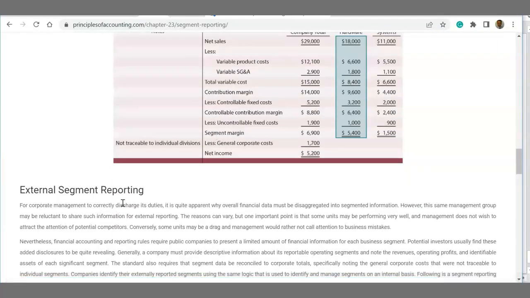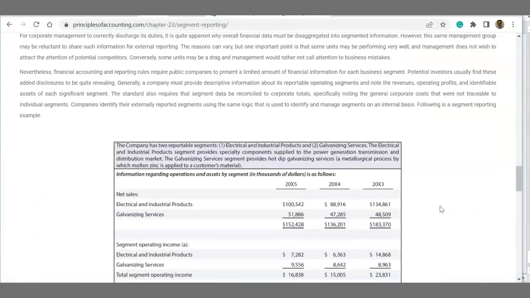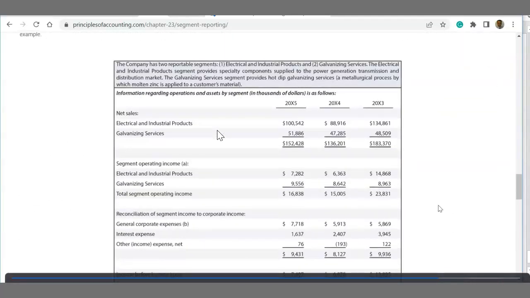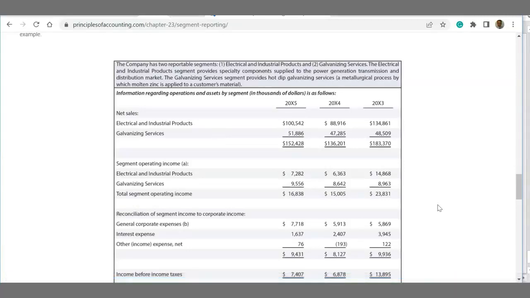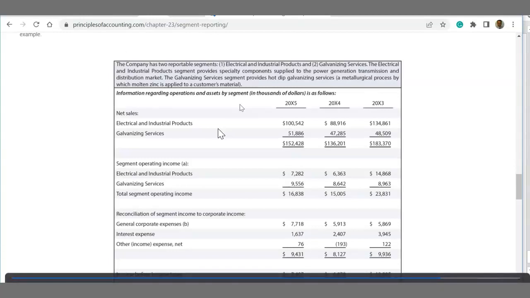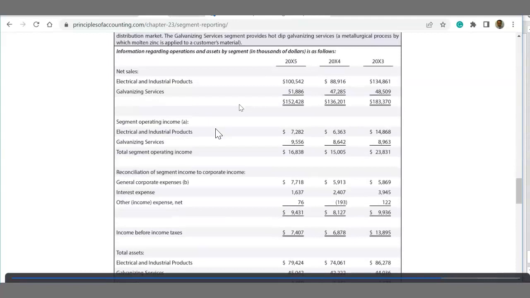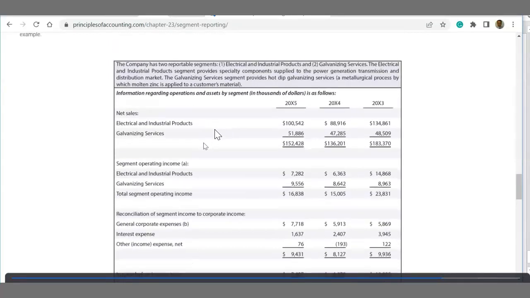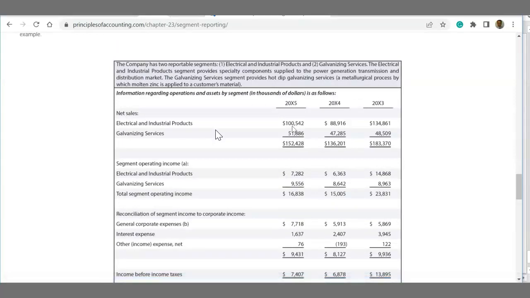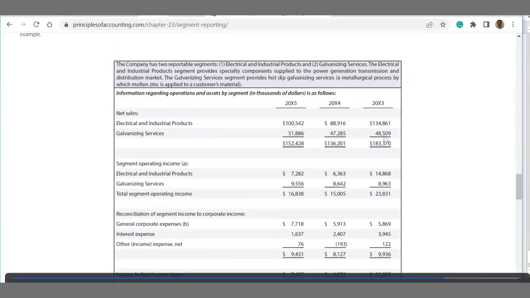So how about external segment reporting? In external segment reporting, you just see a regular income statement, so-called, like here, let's say it says net sales for the years 2015, 2014, and 2013.